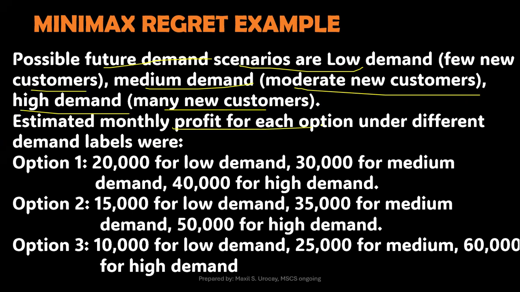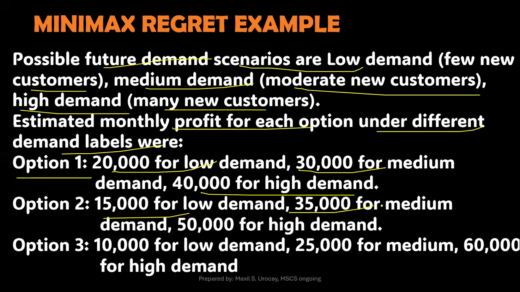The estimated monthly profit for each option under the different demand levels: for option one, 20,000 for low demand, 30,000 for medium, and 40,000 for high demand. For option two, 15,000 for low demand, 35,000 for medium, and 50,000 for high demand. For option three, 10,000 for low demand, 25,000 for medium, and 60,000 for high.